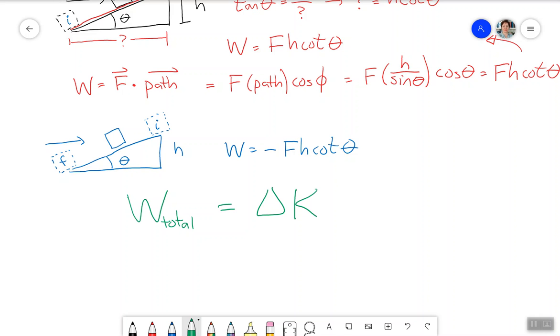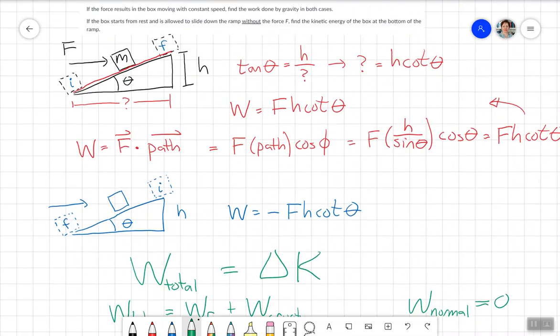So if we start wondering about gravity, we realize that the total work is the work done by the force plus the work done by gravity. There's no work done by the normal force because there's no component of the path that is parallel to the normal force.